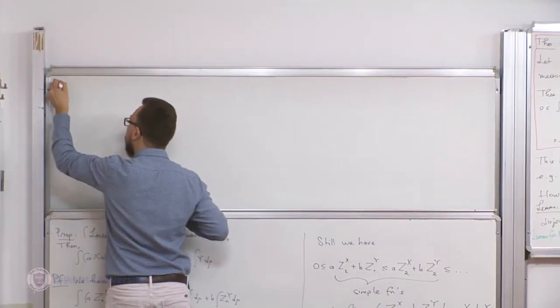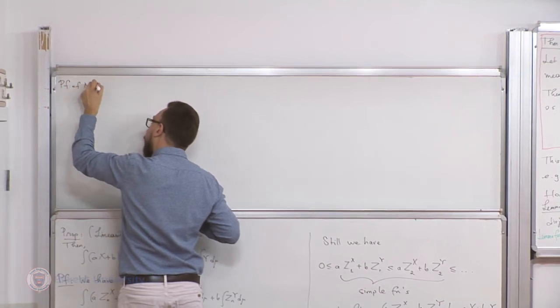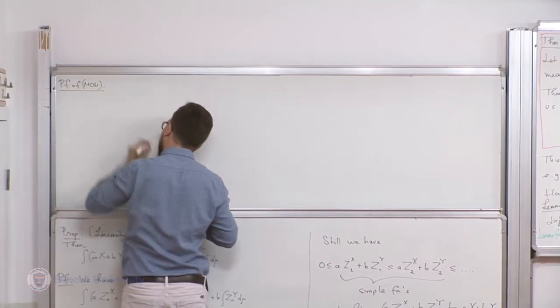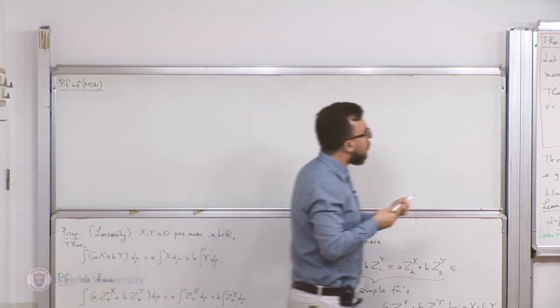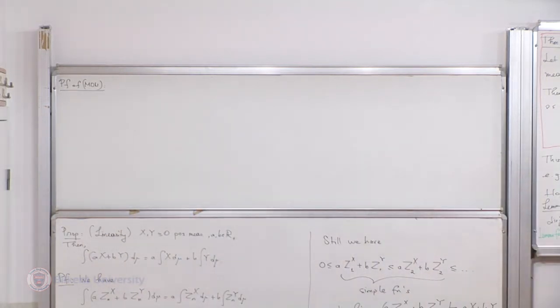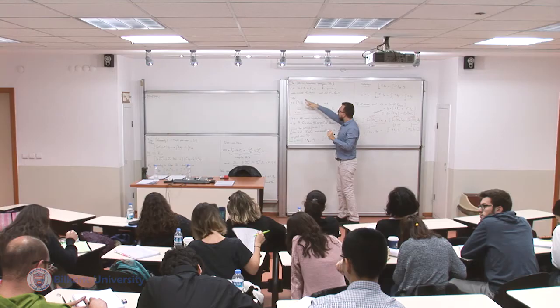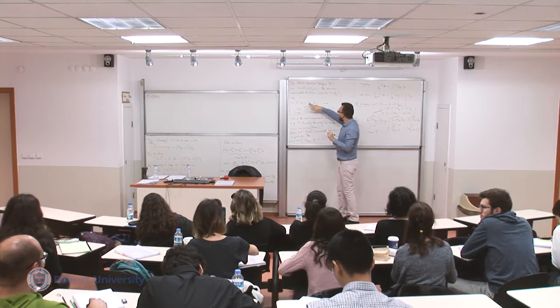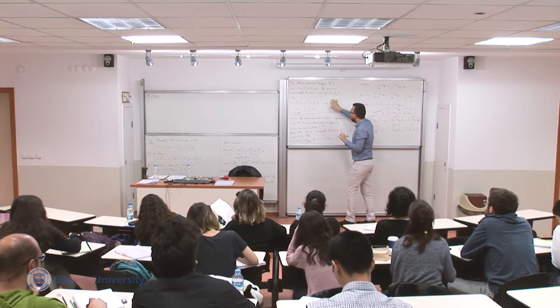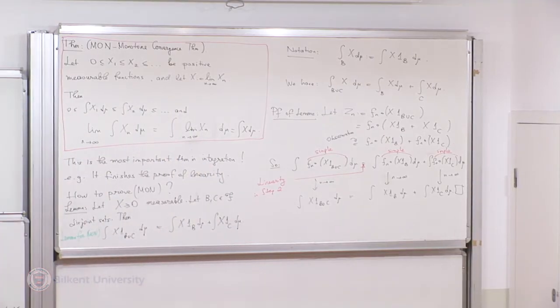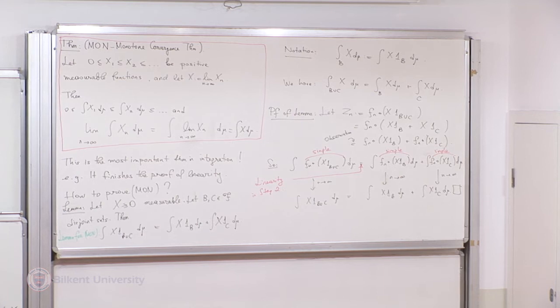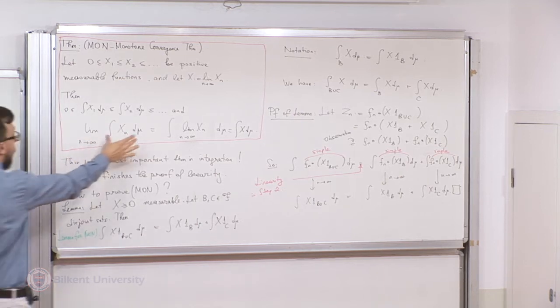First of all, so this is proof of Mon. Okay? So what do we need to prove? Well, if x1 is less than x2, etc., then we automatically have the integral of x1 dμ less than the integral of x2 dμ, etc., right? So this part is for free because we already proved monotonicity. We just need the convergence part.